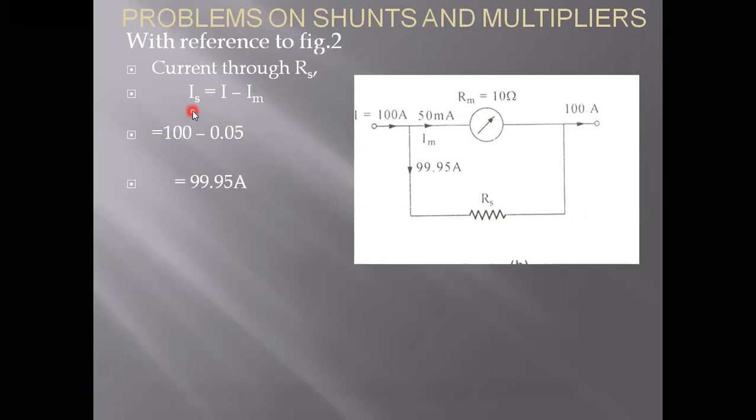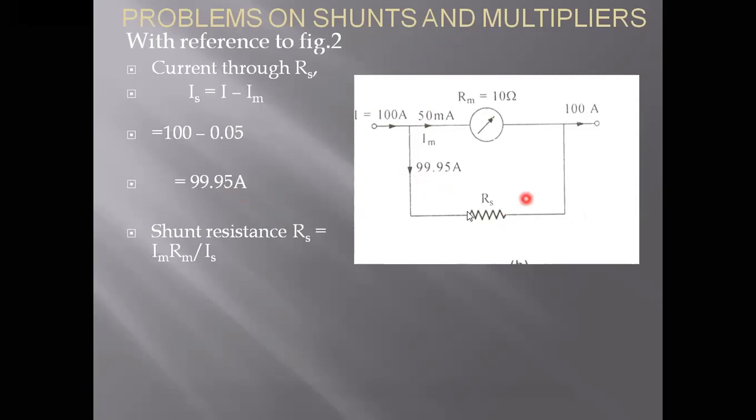So we have shunt current is equal to input or the load current minus meter current. So it is 100 minus 0.05 amperes. It is going to be 99.95 amperes. So current through this shunt resistance is 99.95 amperes.